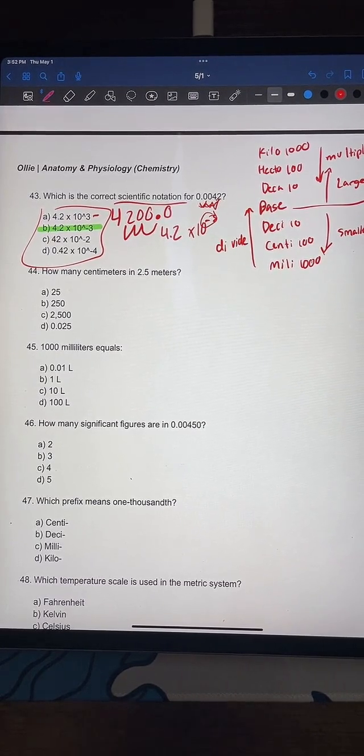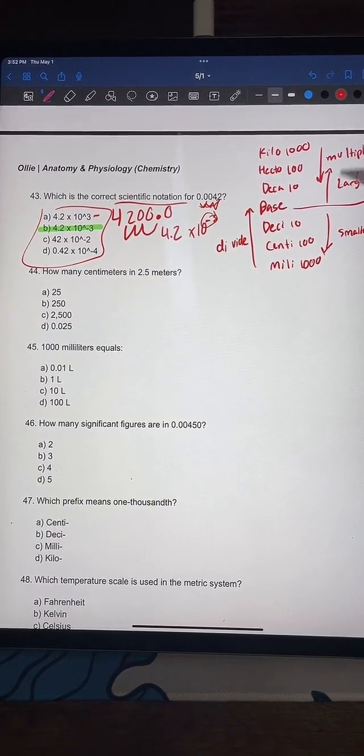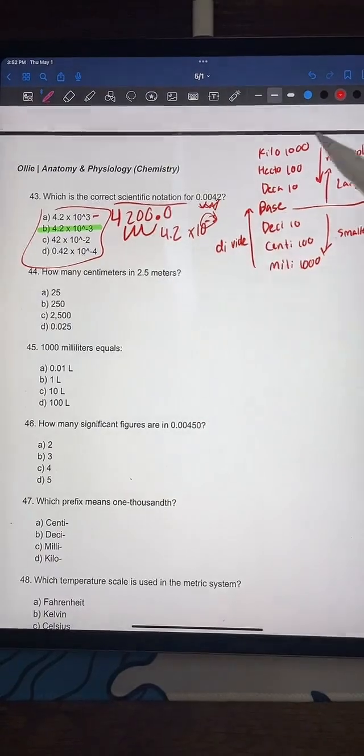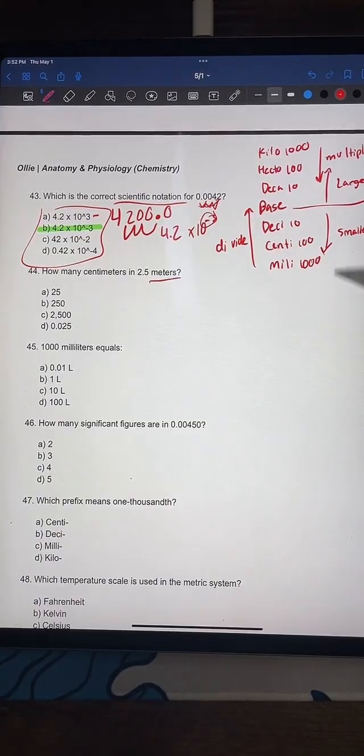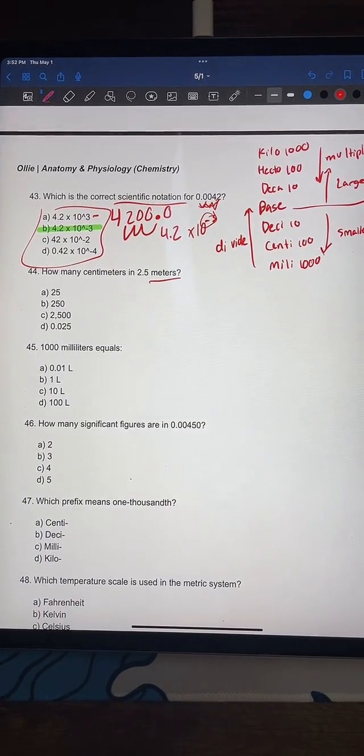All right, number 44, how many centimeters are in 2.5 meters? Again, we talked about our scale here. So centimeters is smaller than our base unit of meters, so we have to multiply. Since we're going down, we're making it smaller.